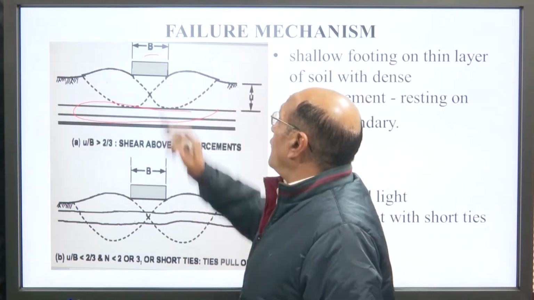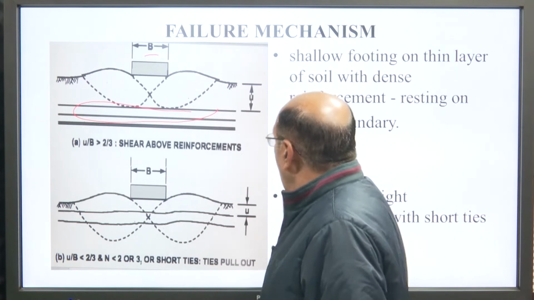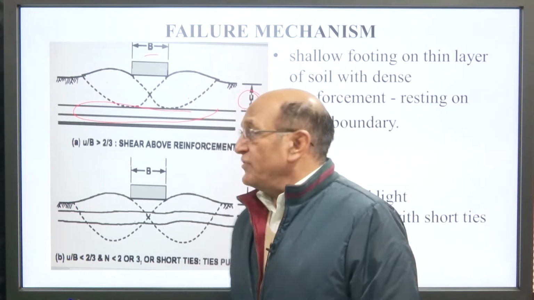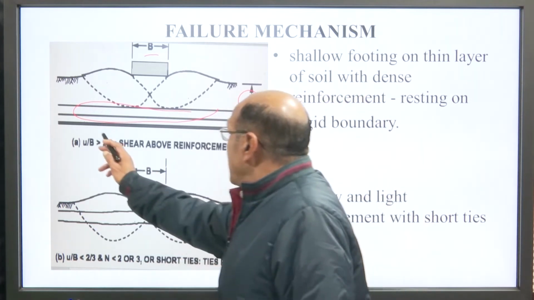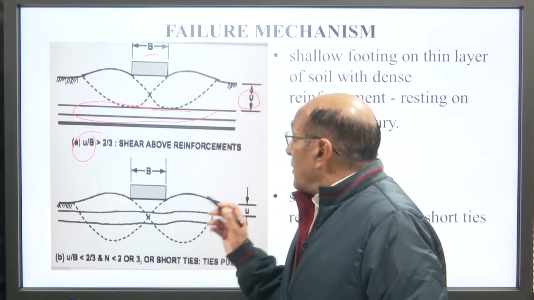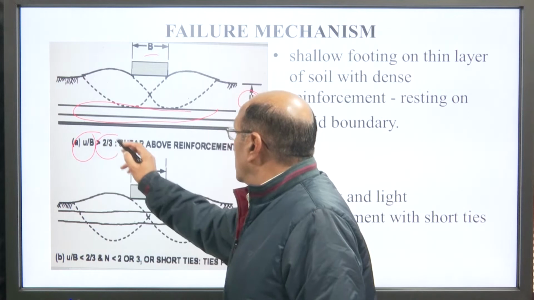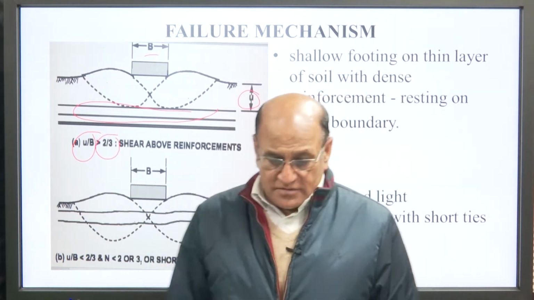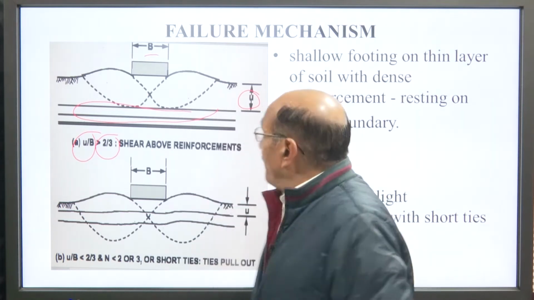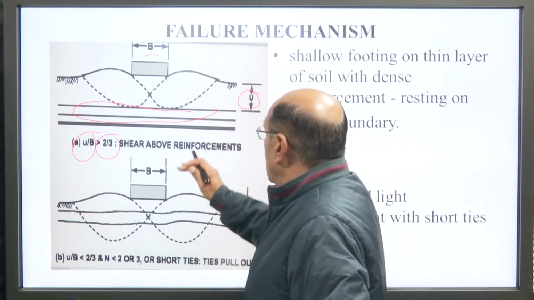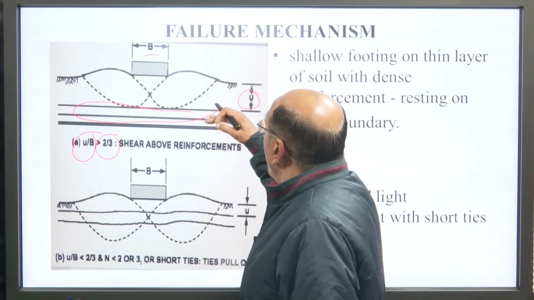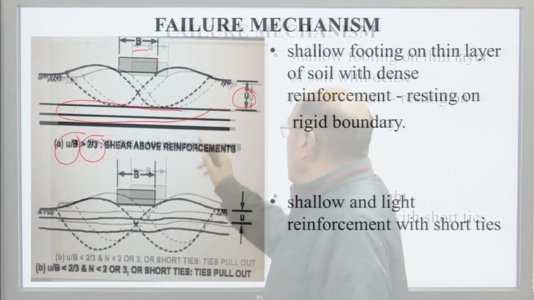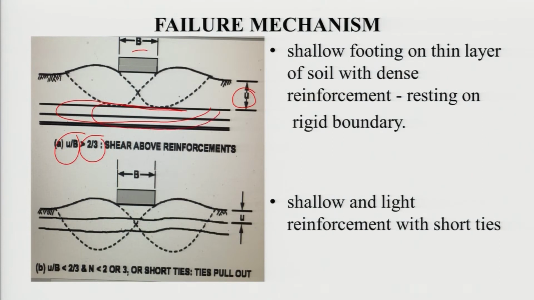This is the width of the footing B and this is U or H, whatever nomenclature we use. So, if U by B is more than 2/3, the shear above the reinforcement will look like this. The whole foundation will try to go in the upward direction, and there is no problem in the reinforcing bar.